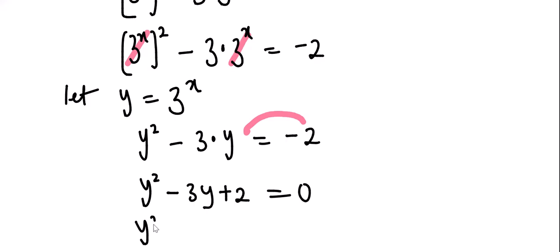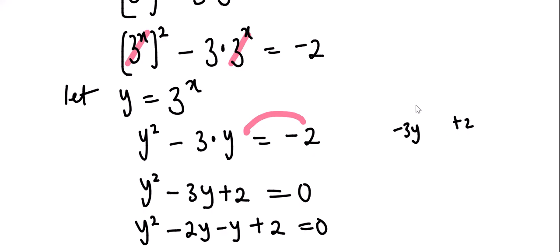So I'm going to have y squared minus 2y minus y plus 2 equals 0. How do I get that? You look at the negative 3y and the positive 2. You look for numbers that, when you add them together, give this, and the product gives you this.